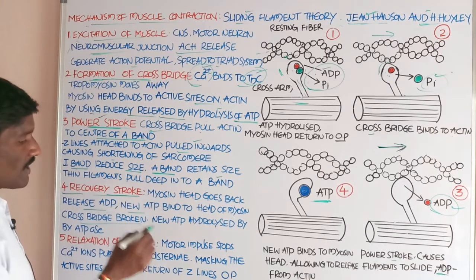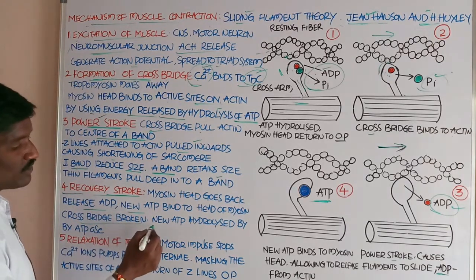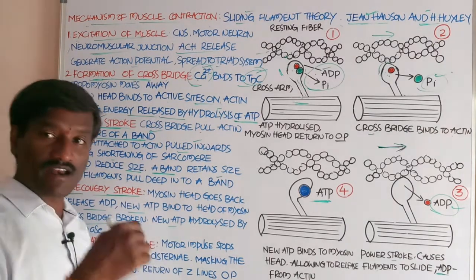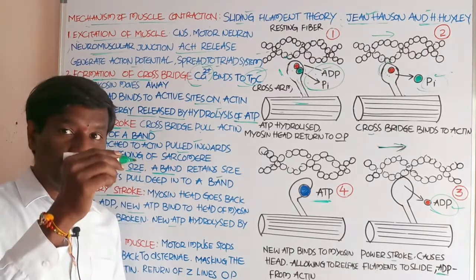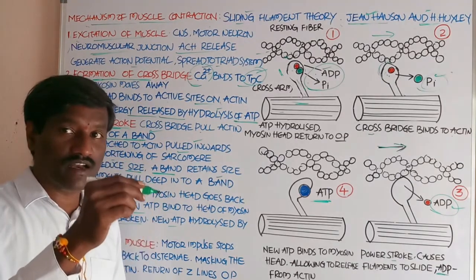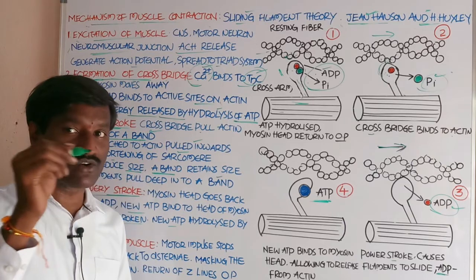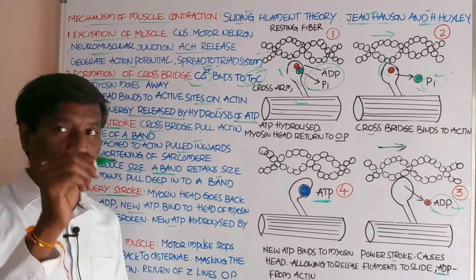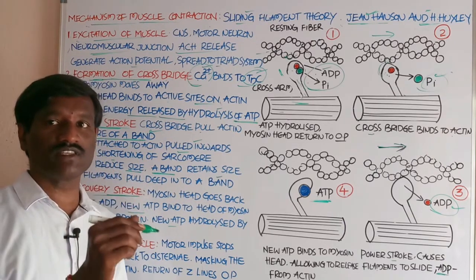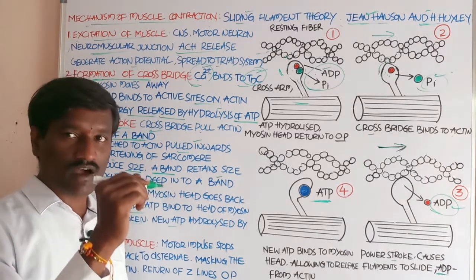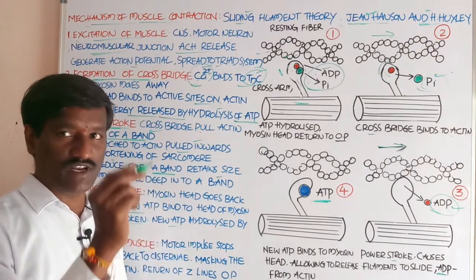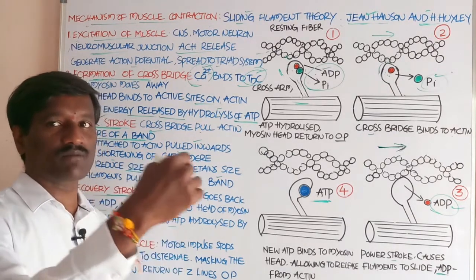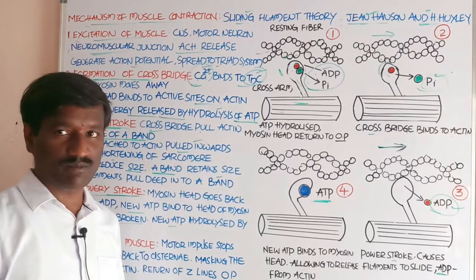At the same time the new ATP is hydrolyzed by the ATPase enzyme present in the head of the myosin molecule. Some conformational changes occur in the myosin head, leading to the formation of another cross bridge.